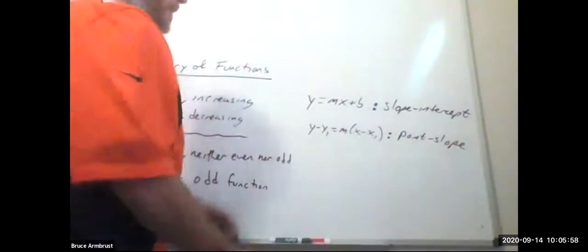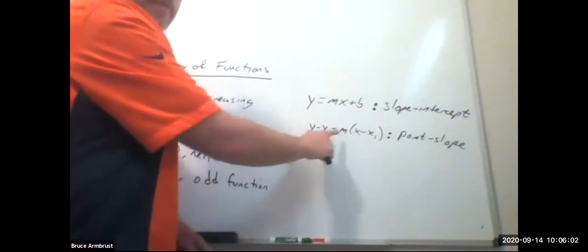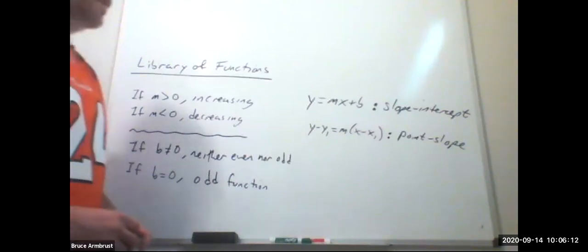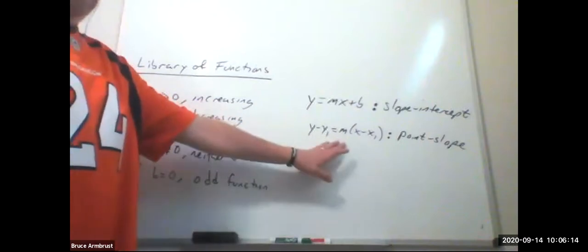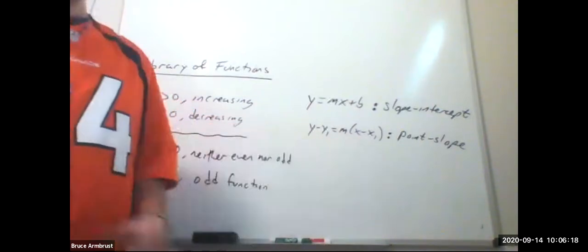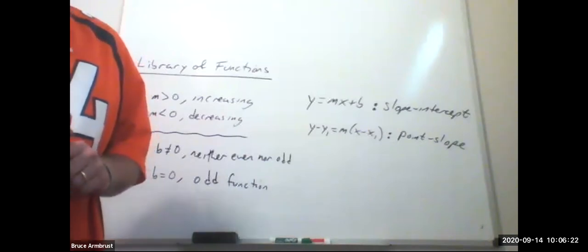Because if you know a point, x1 and y1, and you know the slope, m, you're good enough. Okay, so there's your point slope form. We'll use this a lot from time to time, but I just wanted to remind you about it. So put it back up in your brain.